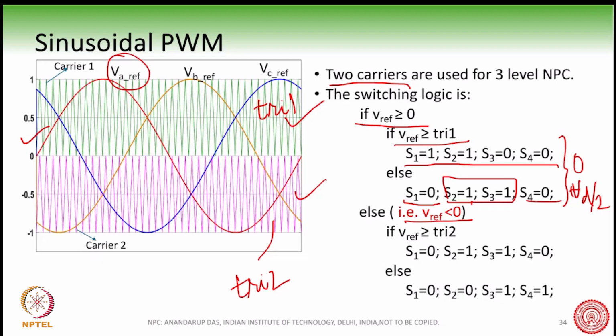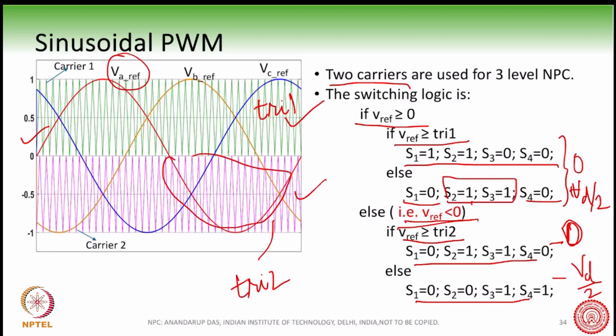Else, if VREF is less than 0, that is we are now in this part, for A phase, then if VREF is greater than triangle 2, we switch on this one so as to get 0. And if we switch this one, we get minus VD by 2. So this is how the switching is used.